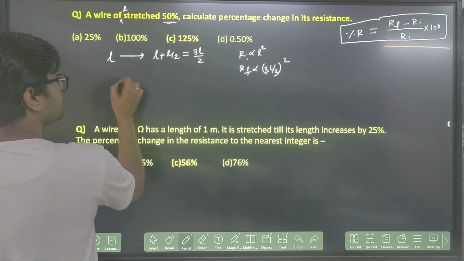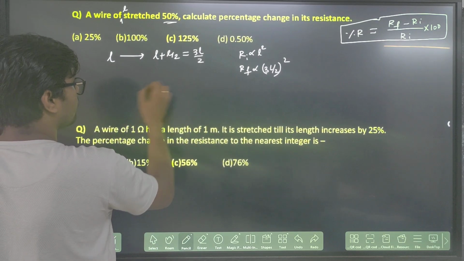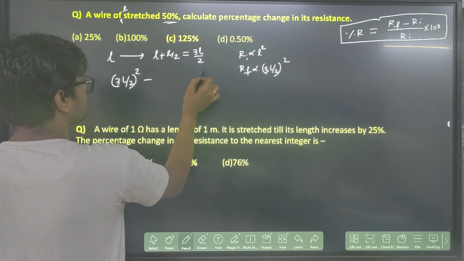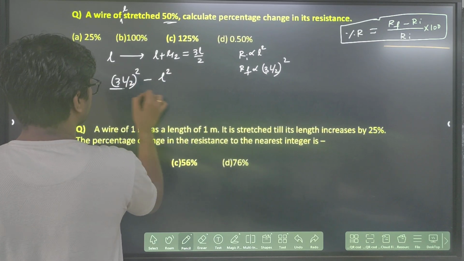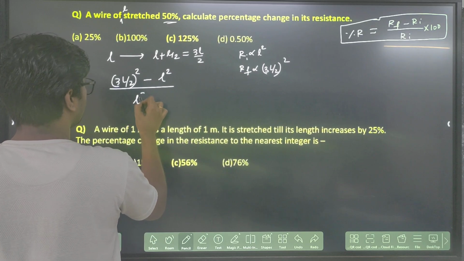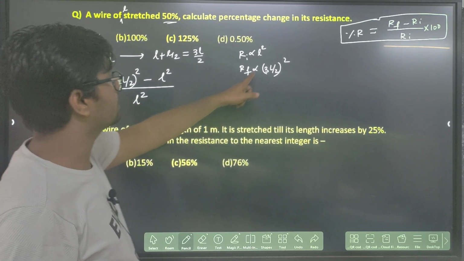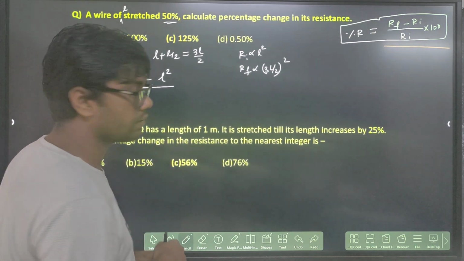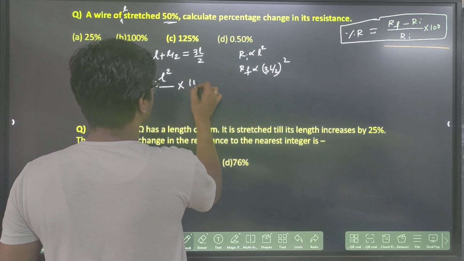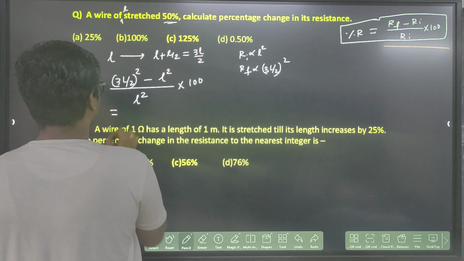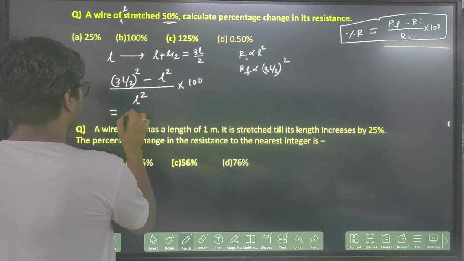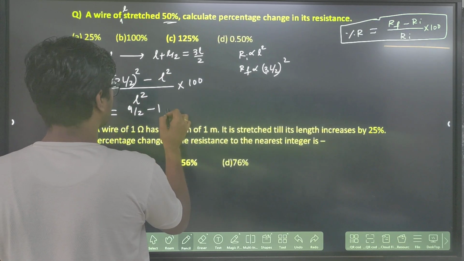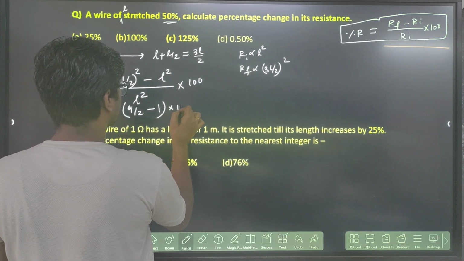So percentage change in resistance can be written as R final, this will be 3L by 2 whole square, minus R initial, which will be L square, divided by R initial, which is L square. Whatever proportionality constant is there will get cancelled, right? Because you are dividing also by R initial, into 100. So L square everywhere gets cancelled, into 100.